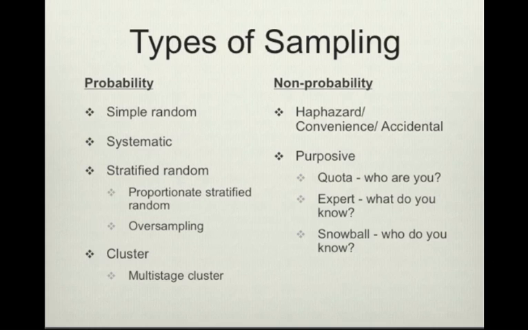So for example, maybe I am interested in homeowners, so I might randomly select states as a cluster, then randomly select zip codes within the state. Those are clusters. Then randomly select streets within a zip code. That would be multi-stage cluster. So you select different groups throughout the process at different levels.